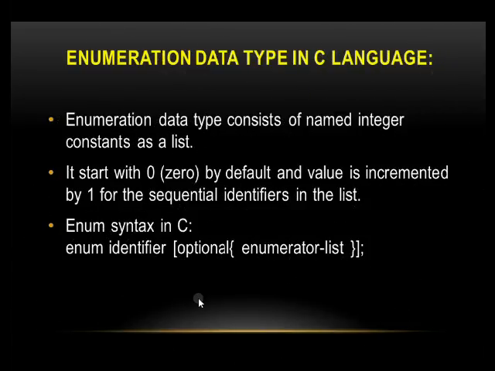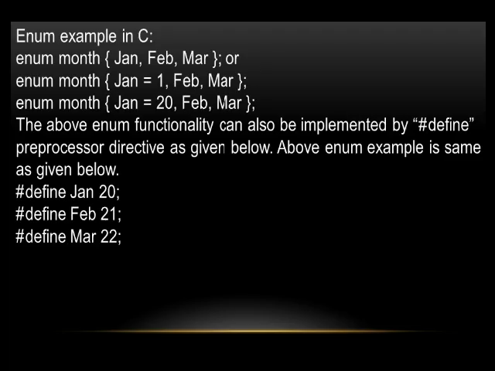Here we're going to see the enumeration data type. The enumeration data type consists of a list of named integer constants. The list starts from 0 by default and the value is incremented by 1 for the sequential identifiers in the list. The syntax of enum is the keyword enum, the identifier, and the enum list. Example, enum month Jan, Feb, March.